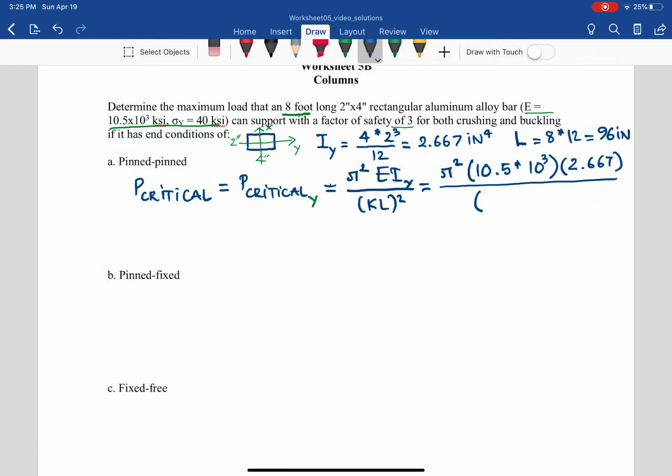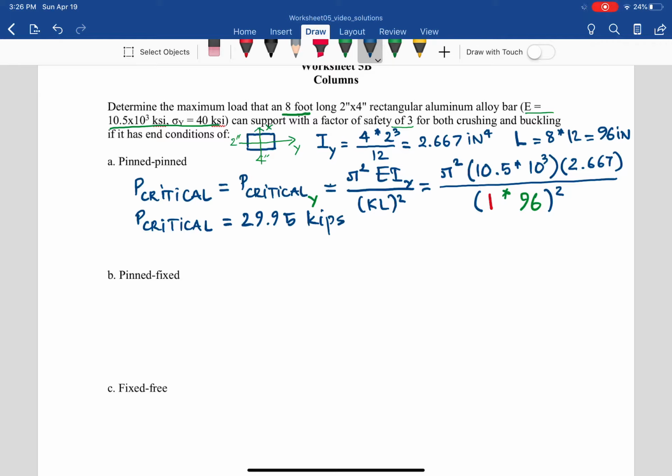So 1 times the length 96, all squared. From that, we will have P critical equal to 29.95 kips.